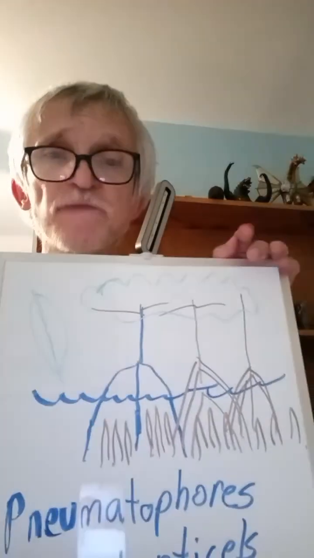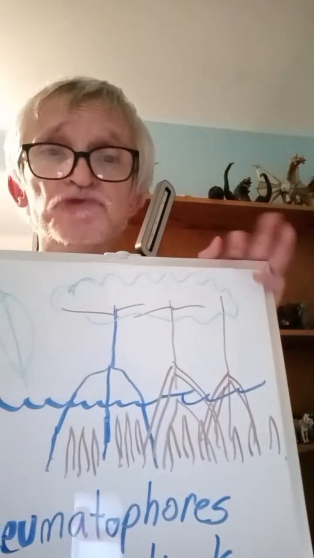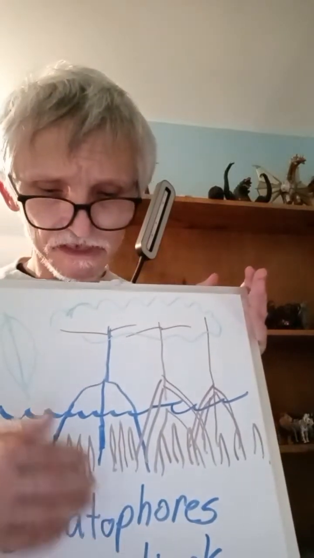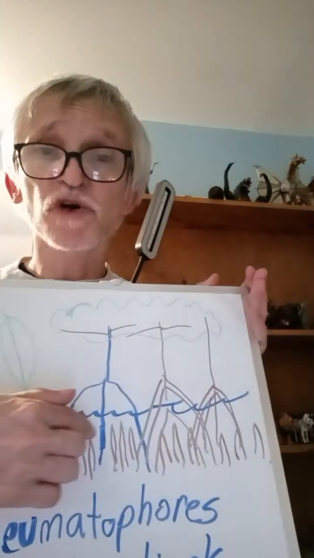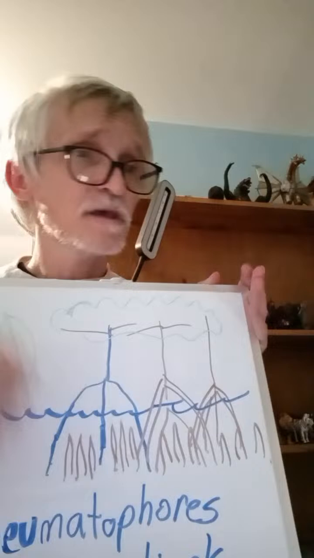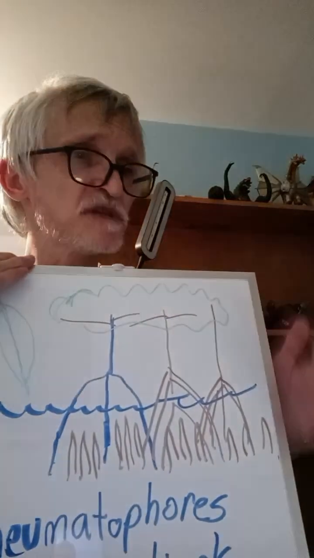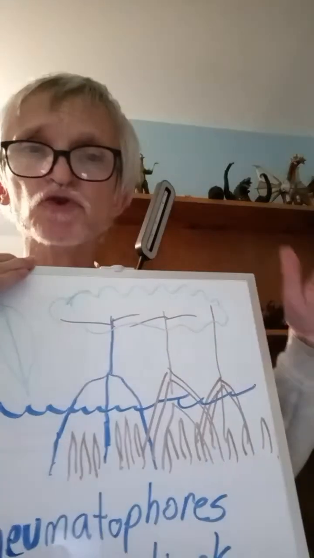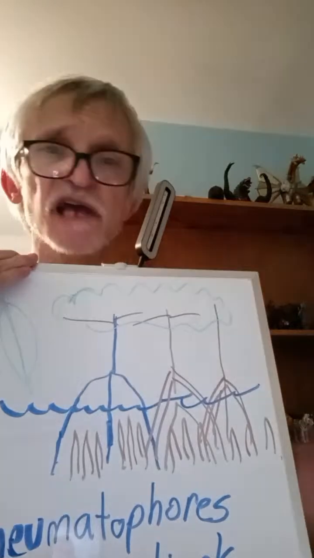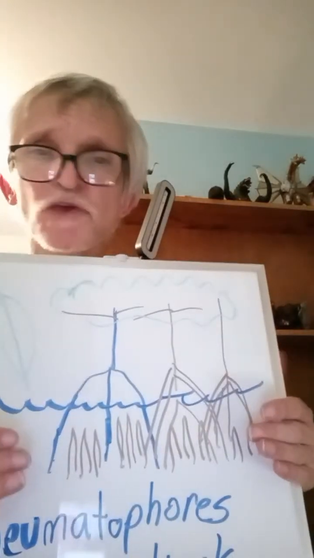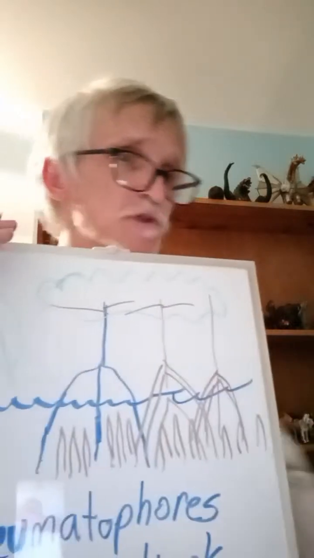Now, a very, very important part of these trees is that they have these big roots. And they have different names. Some of them call them knee roots. So they're vertical and then they drop down. These guys, whatever name they're given, they provide stability for the trees.